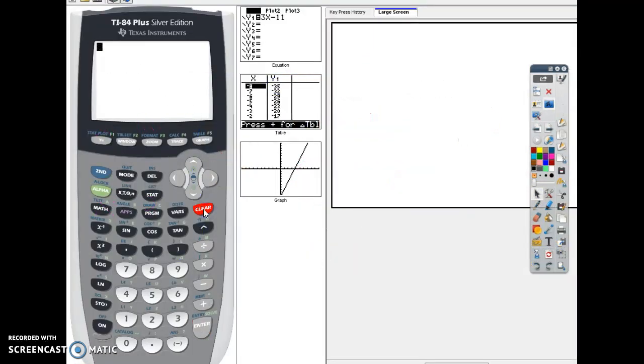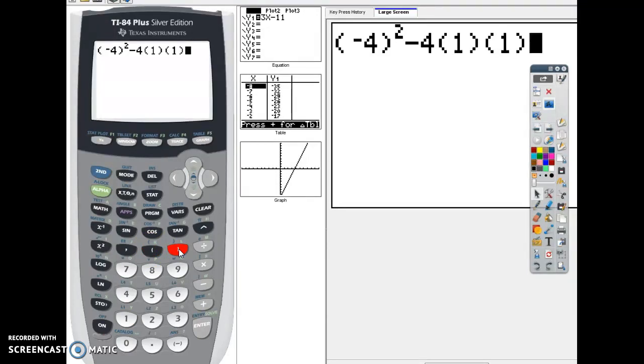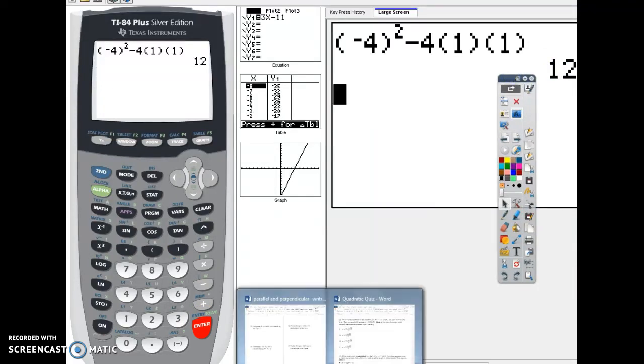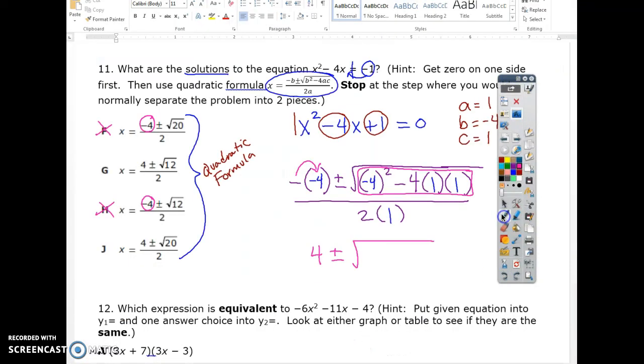And in here, I'm going to put parentheses, -4, close parentheses, square, minus 4, parentheses, 1, close parentheses, parentheses, 1, close parentheses. Because that's what I had written down. Enter. So it gives me 12. That means under the radical, all of this answer is just 12.